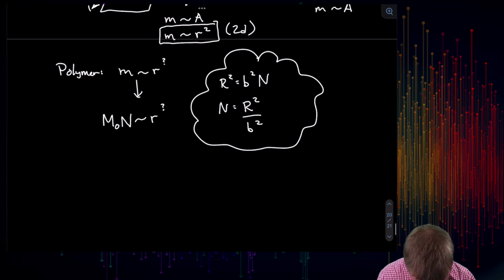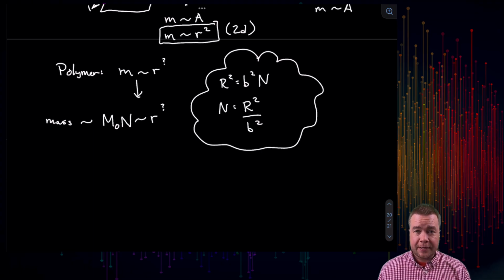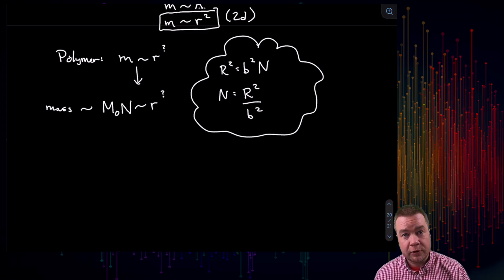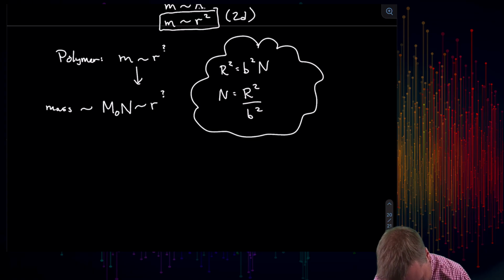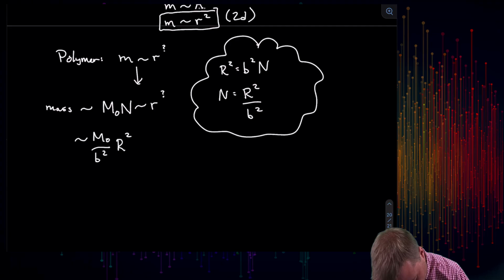Okay, so this is mass scales as m0 times N, which scales as R to some power, and we're trying to figure out what that power is. We know that N is equal to R squared over b squared, so that means that mass scales as m0 over b squared times R squared.